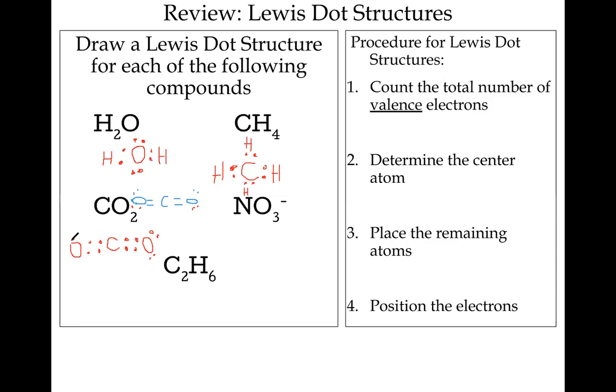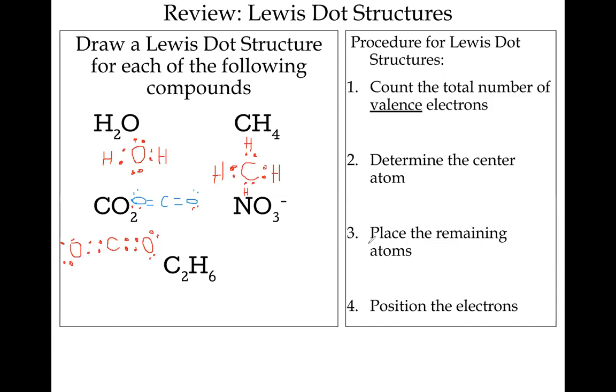And 2 on this oxygen. I feel like my dots are getting worse, not better. Okay, so now we have 2, 4, 6, 8, 10, 12, 14, 16. Done and done.